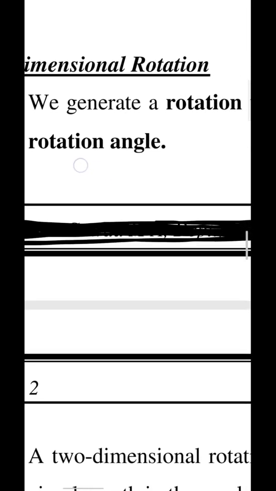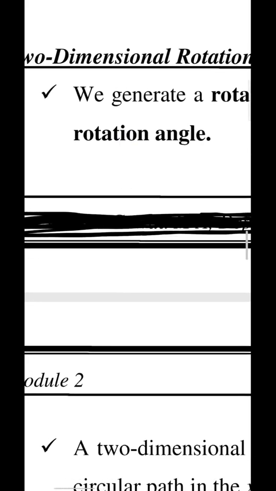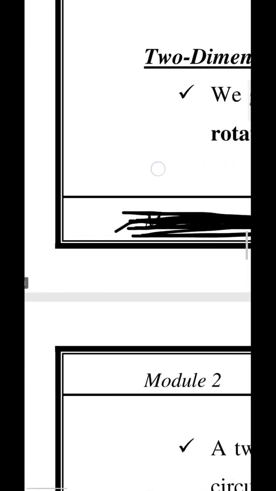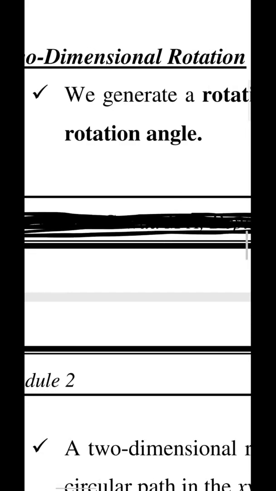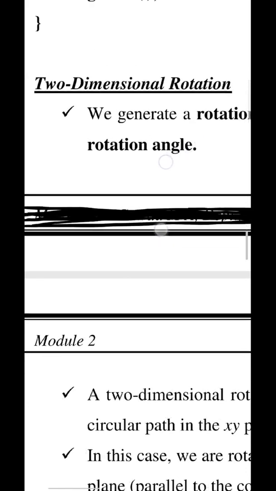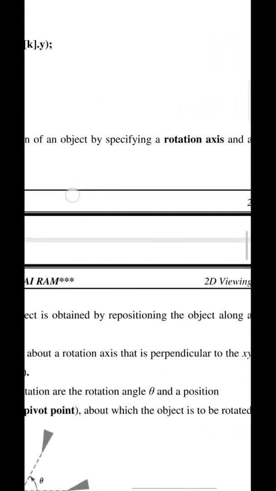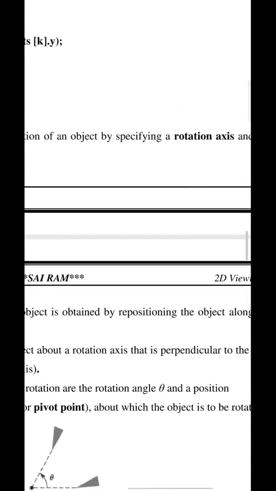So two-dimensional rotation is the next form of the transformation. We generate a rotation transformation of an object by specifying the rotation axis and rotation angle. Please remember, rotation axis is required for this, and rotation angle, right? Whenever you speak about the axis, since it is 2D, x-axis rotation is possible as well as y-axis rotation.